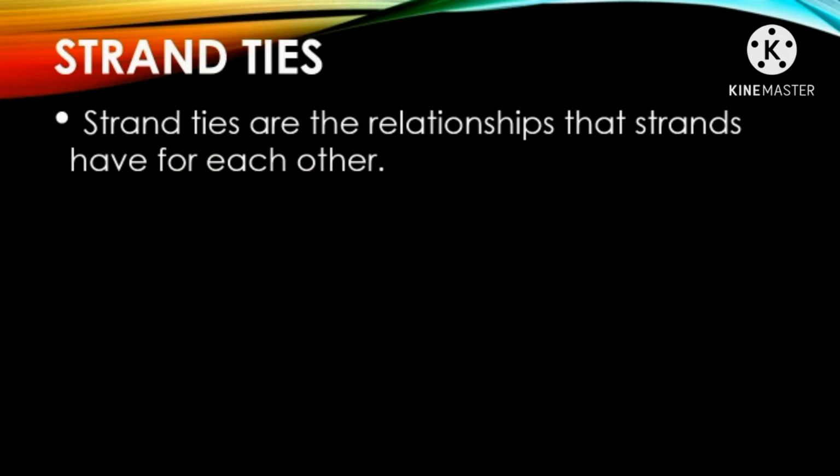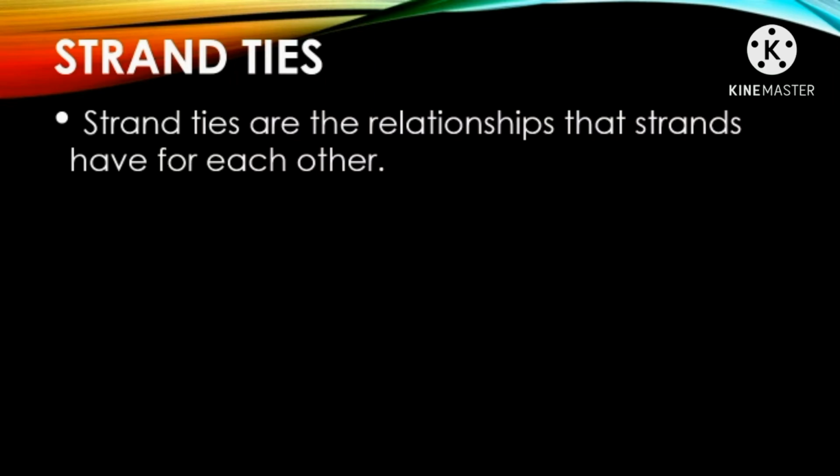A strand tie is also a means of characterization. For example, it shows that the two elder brothers are proud, selfish, cruel, and rude, whereas the youngest is exactly the opposite.